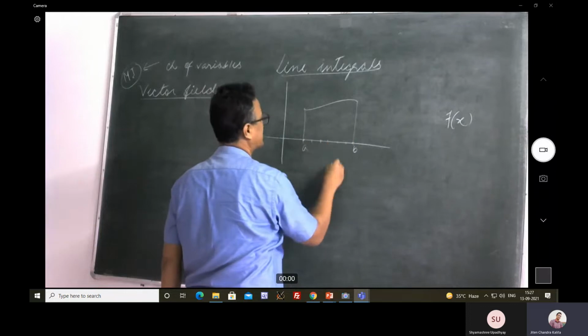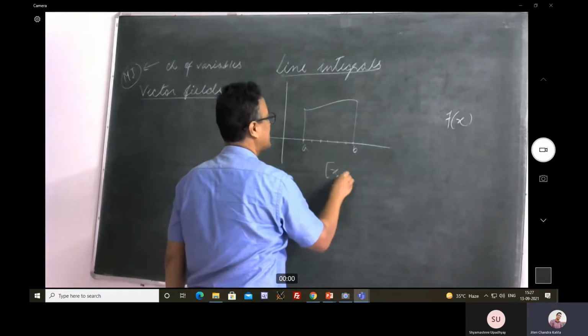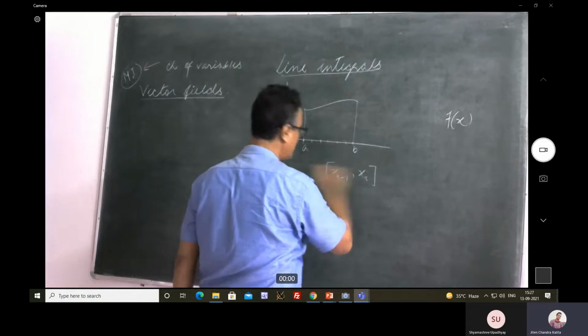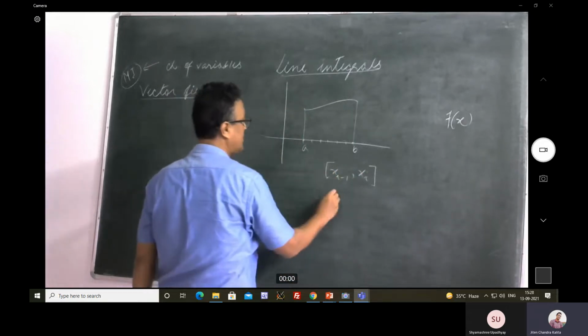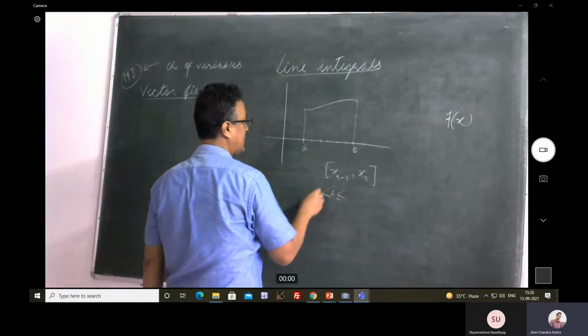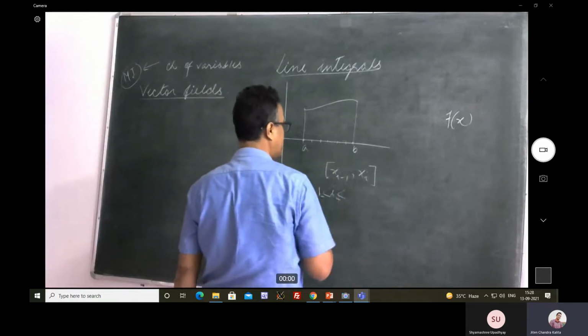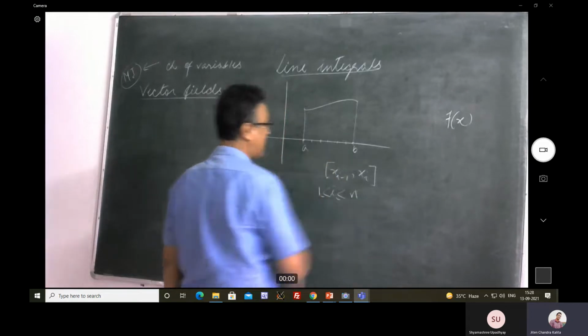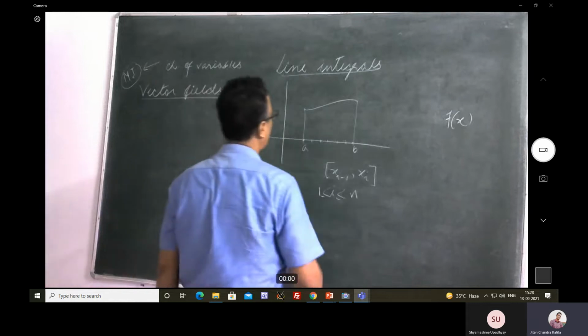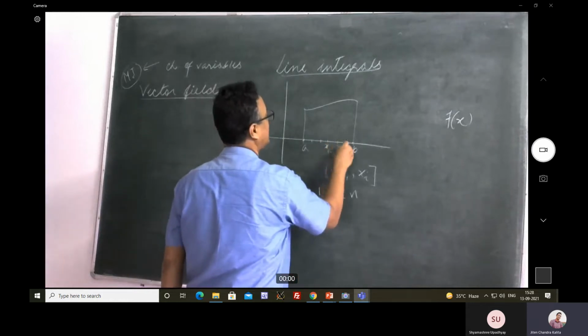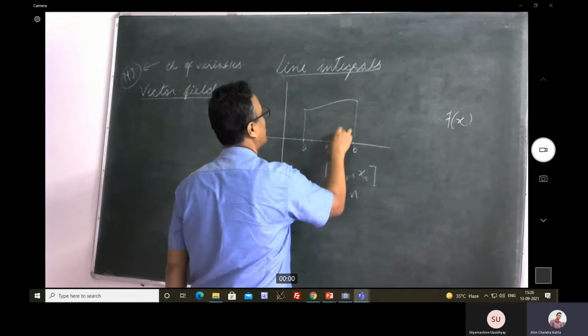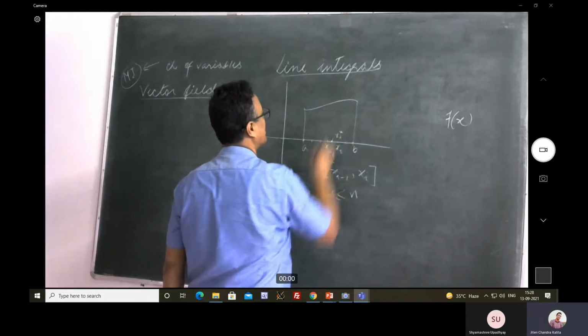Suppose we have n sub-intervals, so the index i runs from 1 to n, and in each interval I take a point, say xi star.